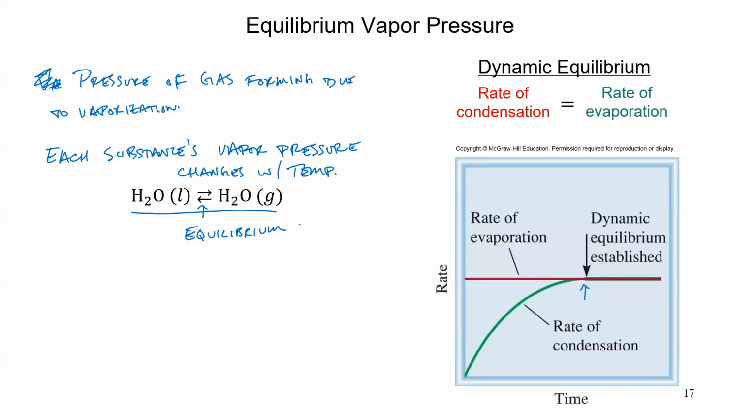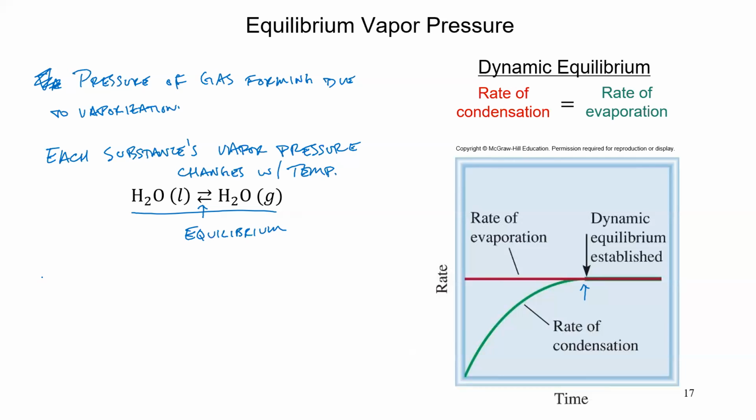And again, this is telling us a little bit about our intermolecular forces. If we have a low vapor pressure, do you think those molecules are holding on to one another strongly or are pretty loose if we have a low vapor pressure? Loose. Pretty loose. So loose and low, okay, I can see the connection. But remember, strong intermolecular forces mean that I don't get into the gas phase very easily. If I don't get into the gas phase very easily, then my pressure is going to be low. Right?